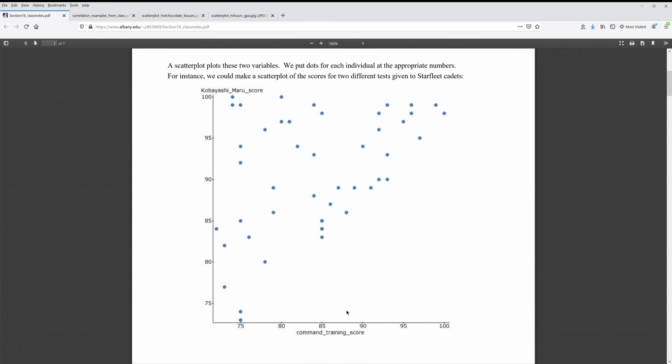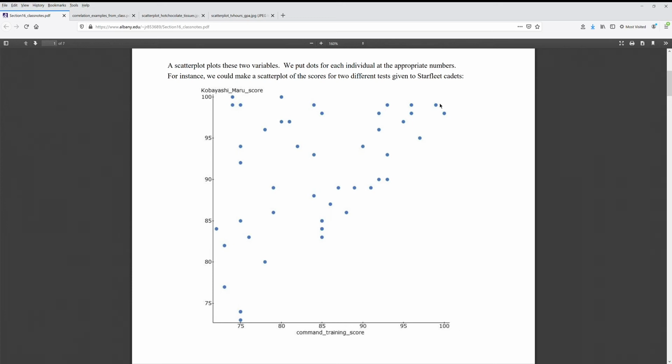For instance, this particular individual got, it looks like, about a 95 on his command training score, and about a 97 on his Kobayashi-Maru score. And thus you can see some general patterns.